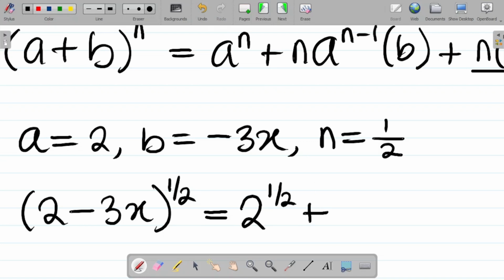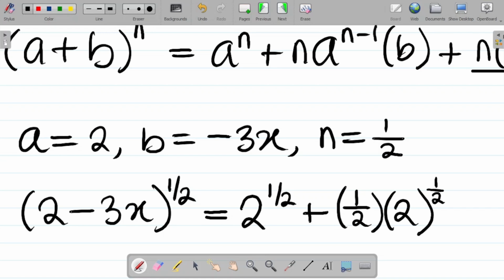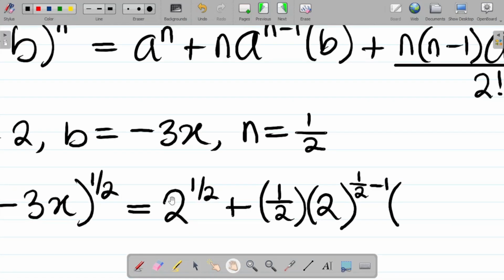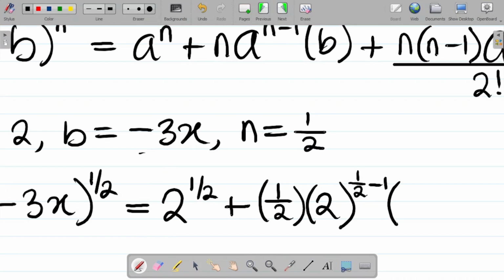Plus, next up you have n, which is 1 over 2, times a to the power n minus 1. a is 2, so 2 to the power 1 over 2 minus 1, then times b. b is minus 3x. With this, I've gotten my first and my second term.